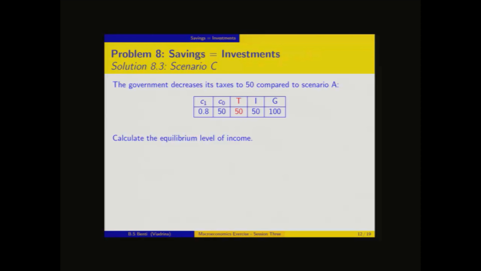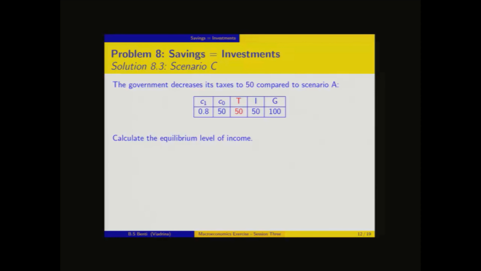Now we would move on to the last scenario of our exercise 8 or problem set 8, where our tax decreased from an initial amount of 100 units to 50 units, and values are given in the indicated table.